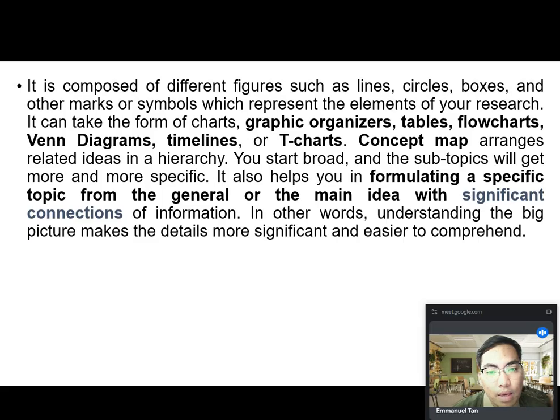You know, the logical reason of having graphic organizers, tables, flowcharts, and Venn diagrams is to visually identify the connections of the variables. As simple as that, no? Kaya tayo gumagawa ng mga charts na yan and organizers para makita natin yung connections ng mga ideas, concepts, or variables. Okay?